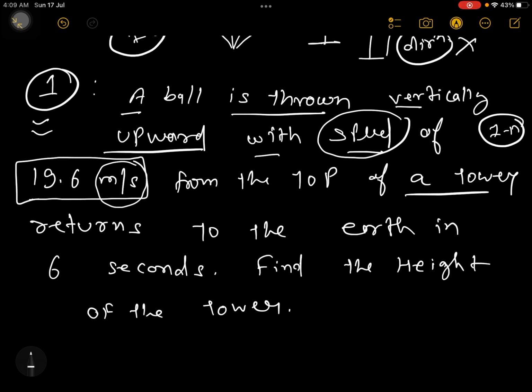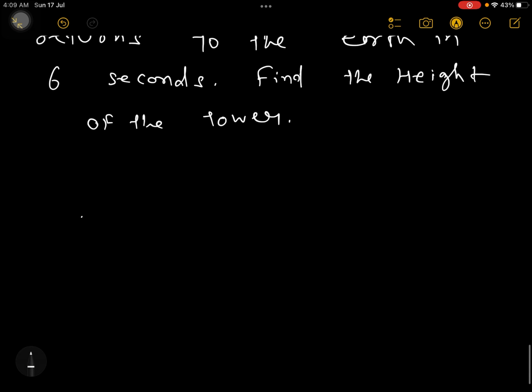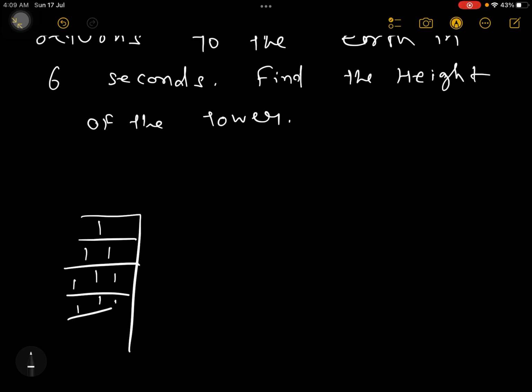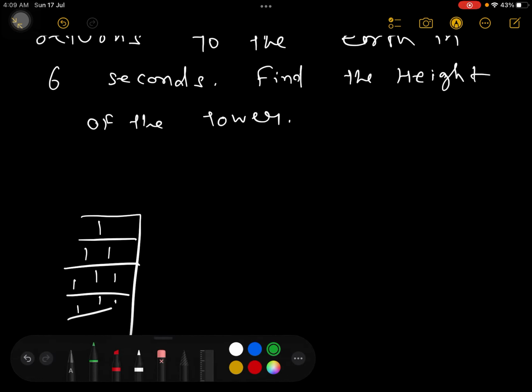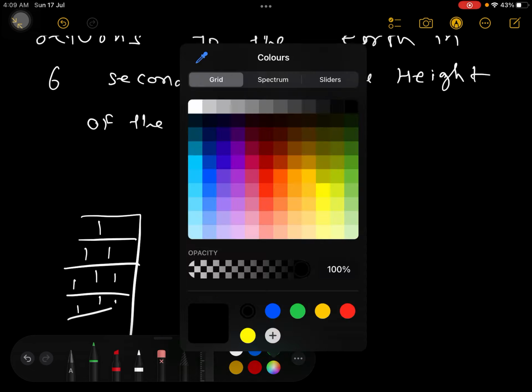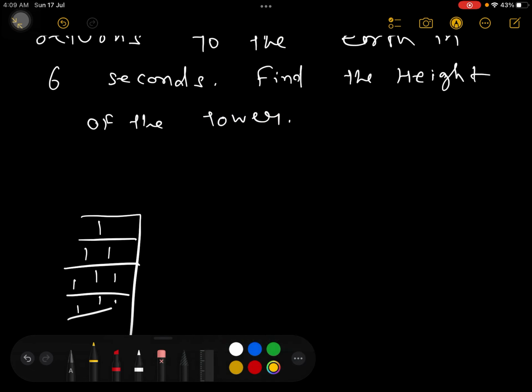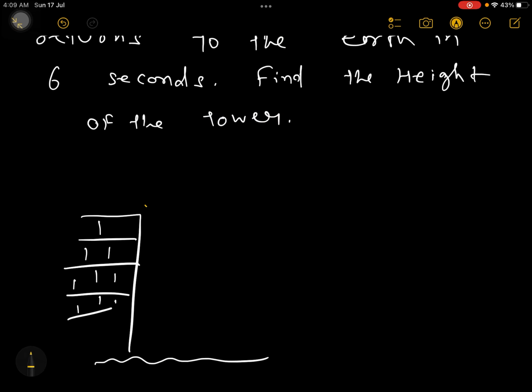From the top of a tower. It means you have a tower, like this you can have some fancy towers, and this is the road or something. Now from the top of the tower, the ball is being thrown. So from here we are throwing the ball exactly upward, exactly straight.